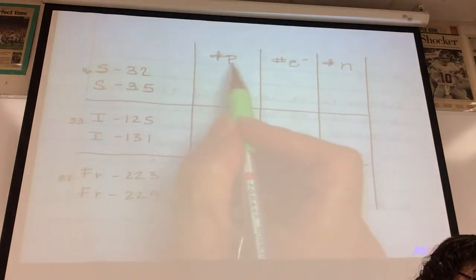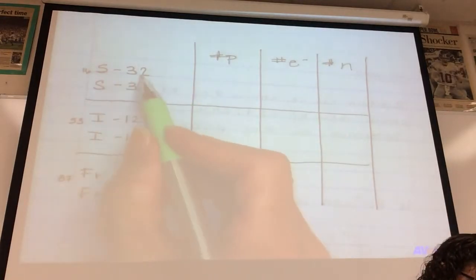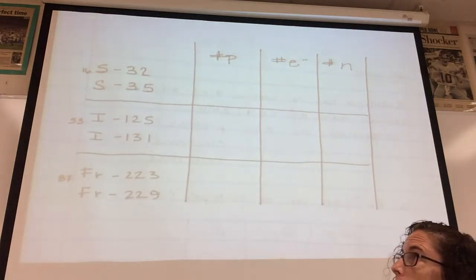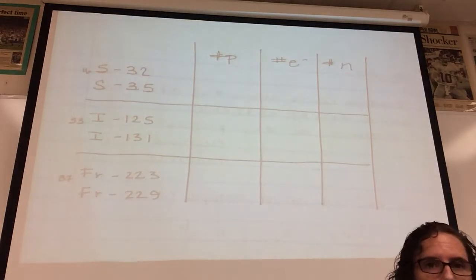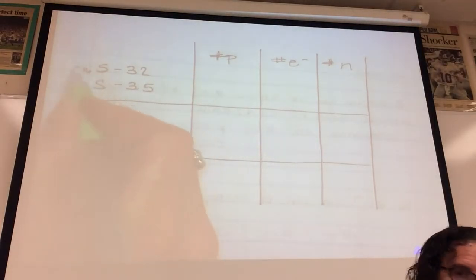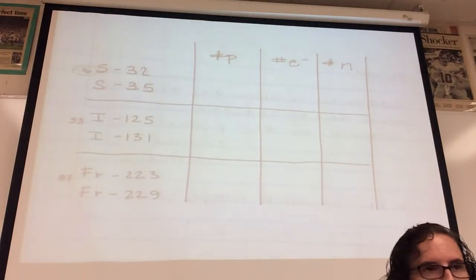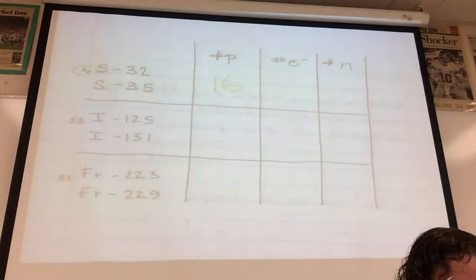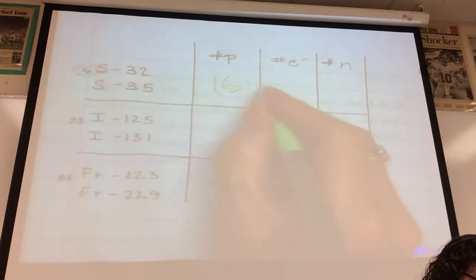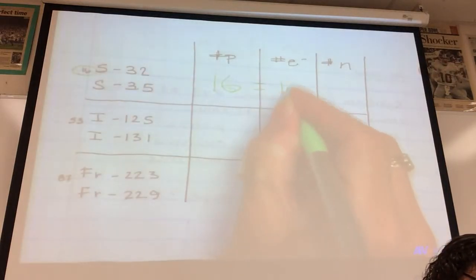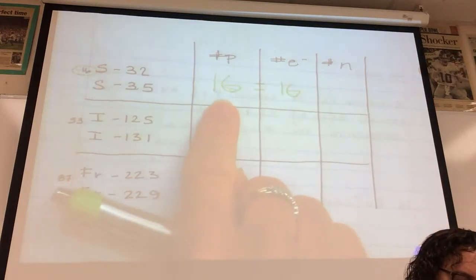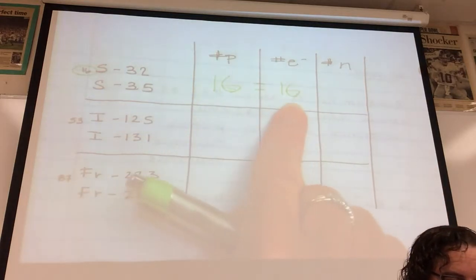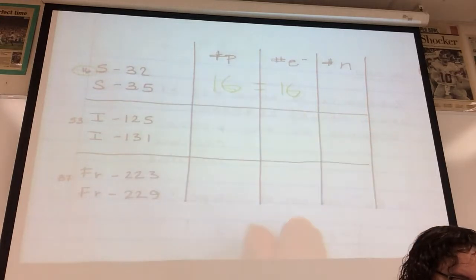So how many protons would sulfur-32 have? Always equal to what? Atomic number. So these are both going to be 16. And there's no charge on an isotope, so protons and electrons have to be equal. You'd have 16 pluses, 16 minuses for net neutral.